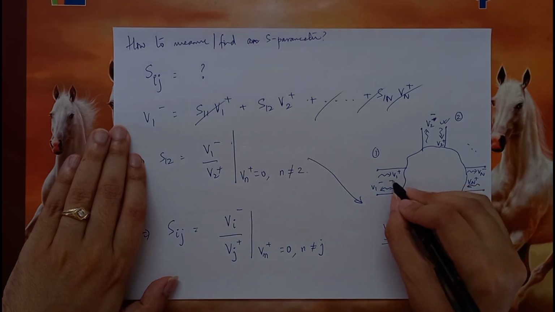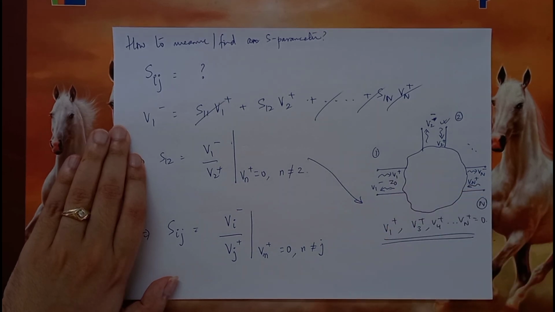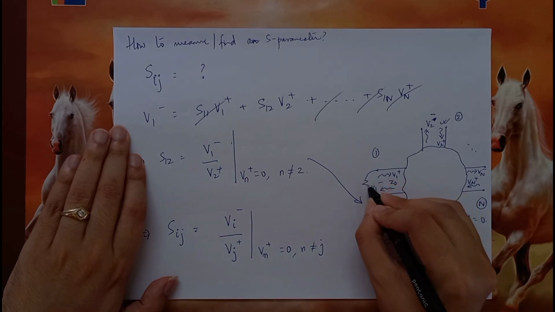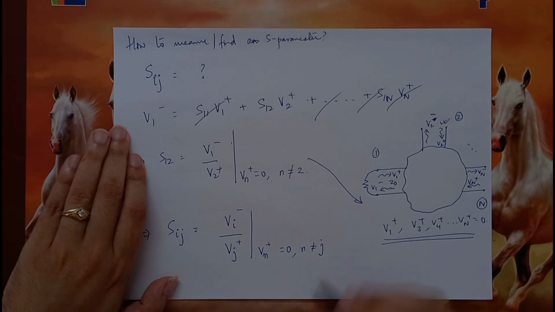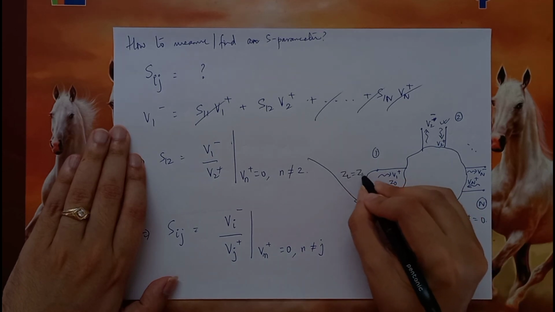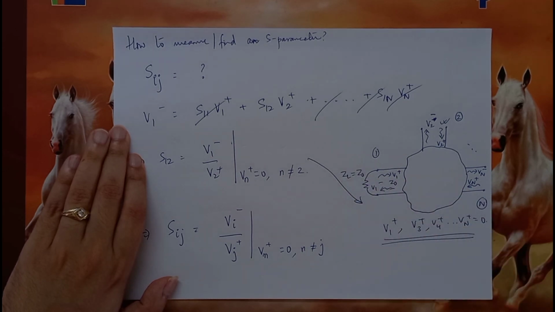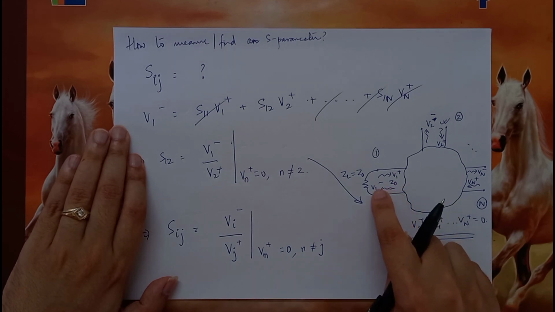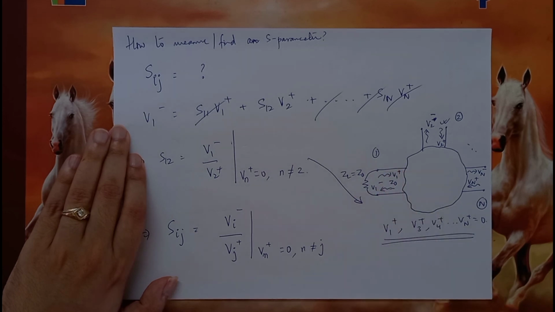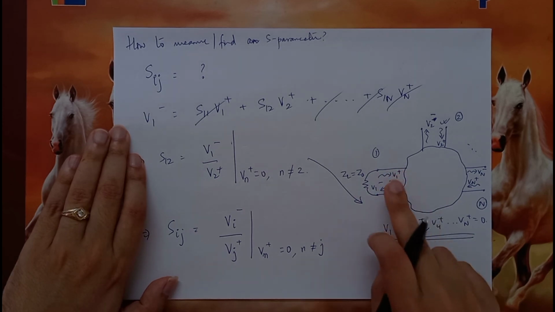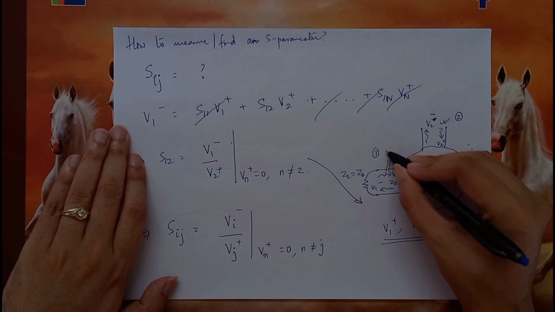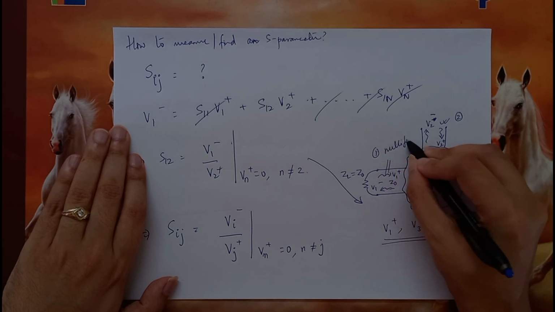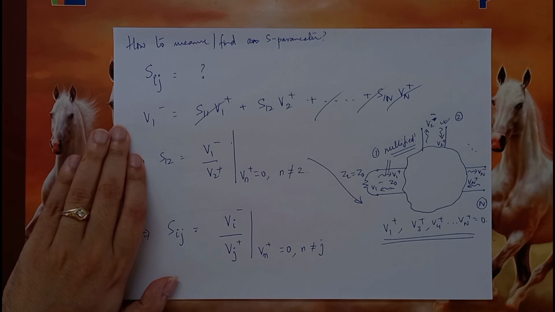Now if this transmission line at every port has an impedance Z0 and I connect a load over here where ZL is equal to Z0, then I can effectively say that V1 minus will be there, but V1 plus will be 0. So effectively, I am nullifying V1 plus.